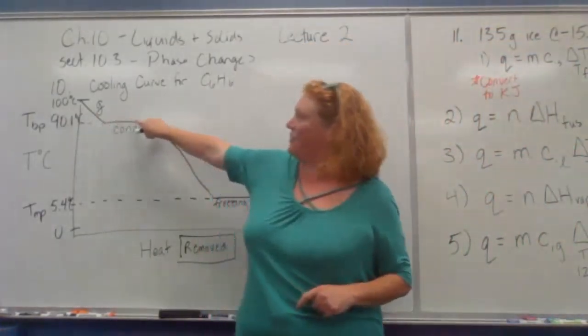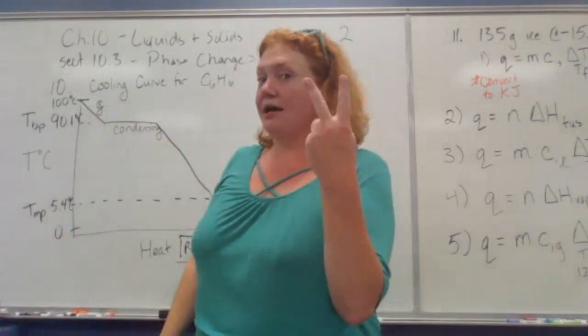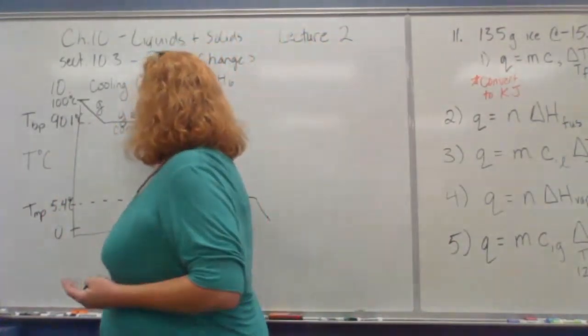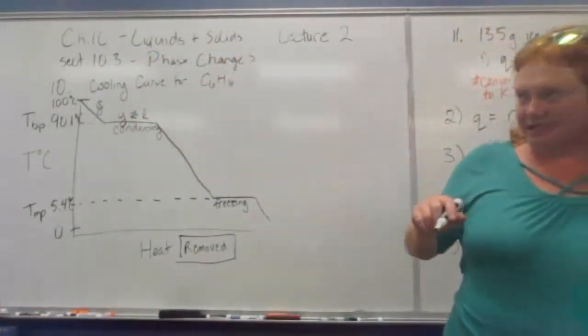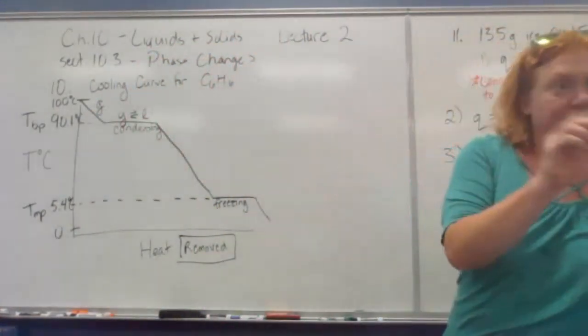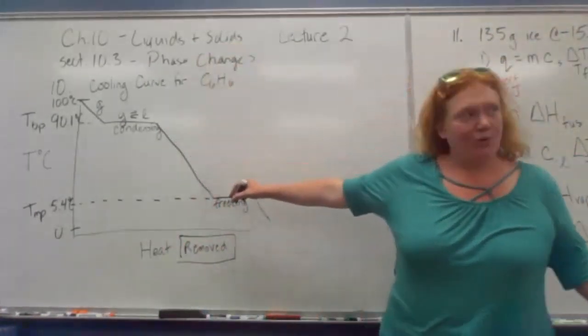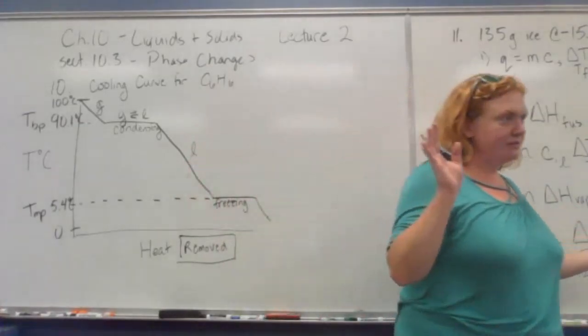What phases do you have here when it's condensing? You have 2 at the same time. You can do the little arrows, or you can just put G and L. That's fine with me. I do the arrows because I know it's an equilibrium. They're both there. The middle line segment always represents what phase? Liquid, always.